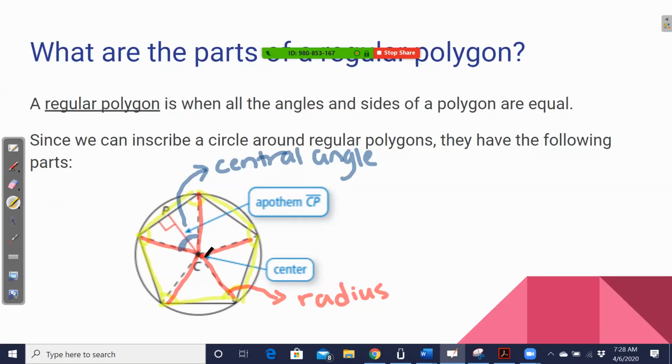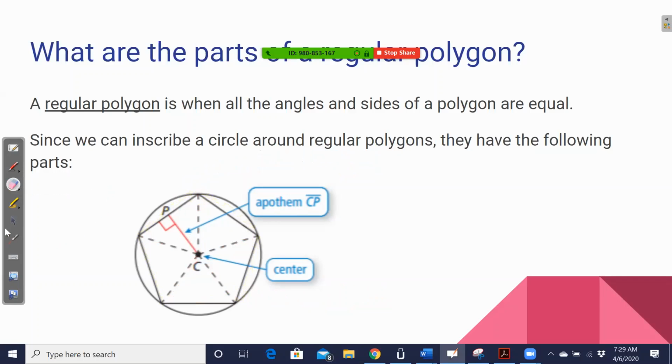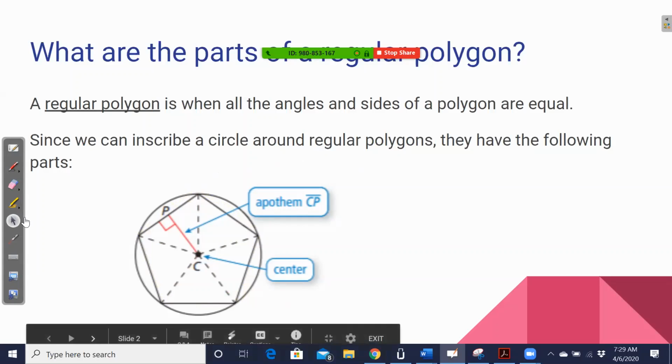And another thing about the apothem is that it's going to be perpendicular to the sides of the polygon, forming these right angles right over here. So now that we went over the parts of the polygon, we can move forward to how we find the angle measure. Let me clear this and move on to the next slide.